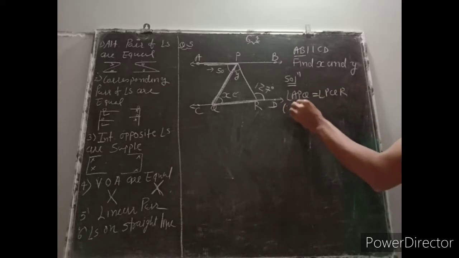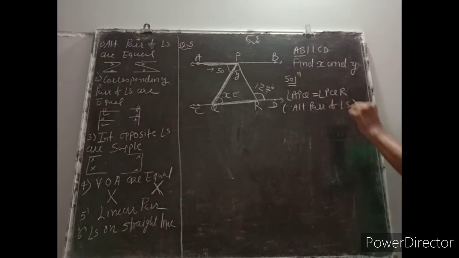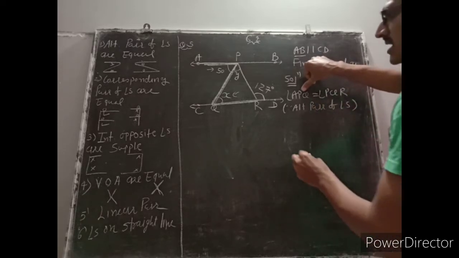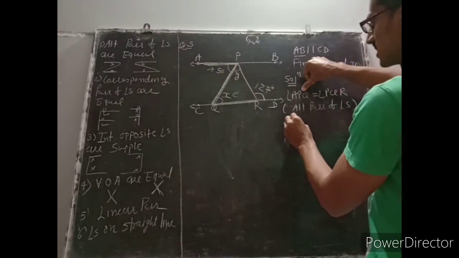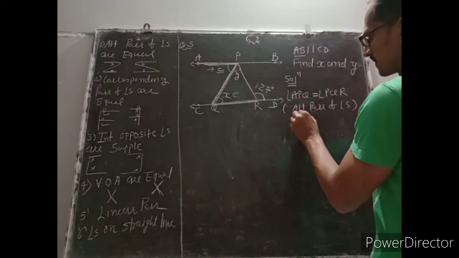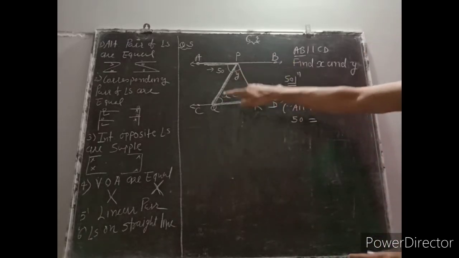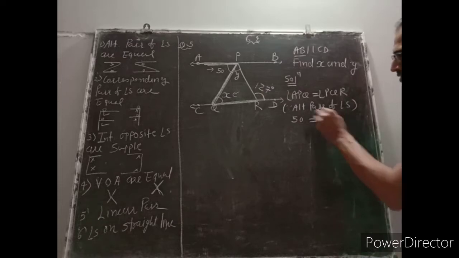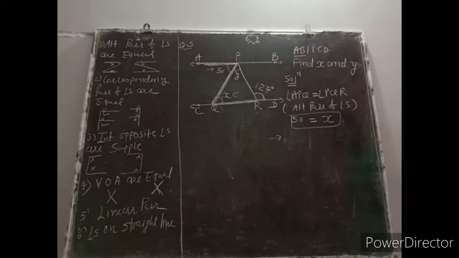Reason: alternate pair of angles. How much is APQ? APQ is 50, which is equal to PQR. PQR is X, so here we have one value of X, that is 50.